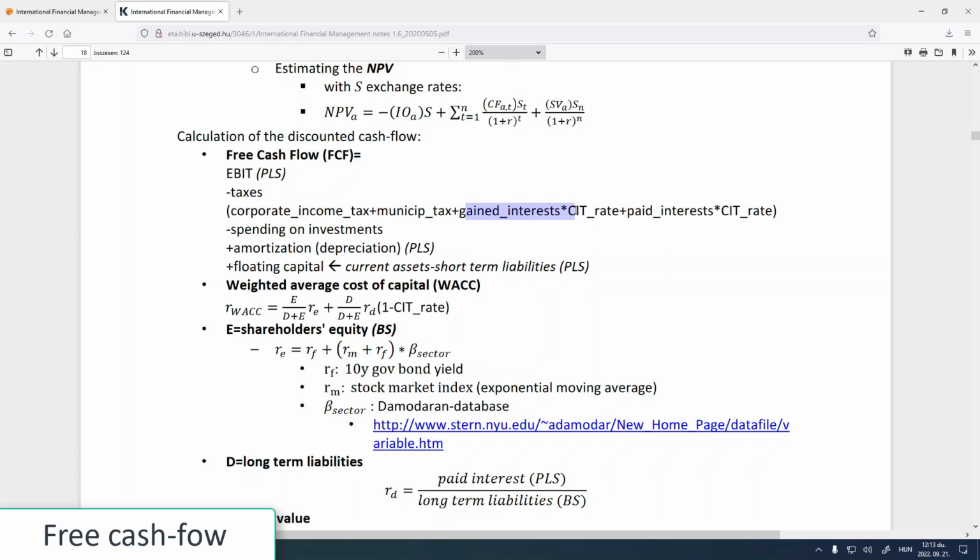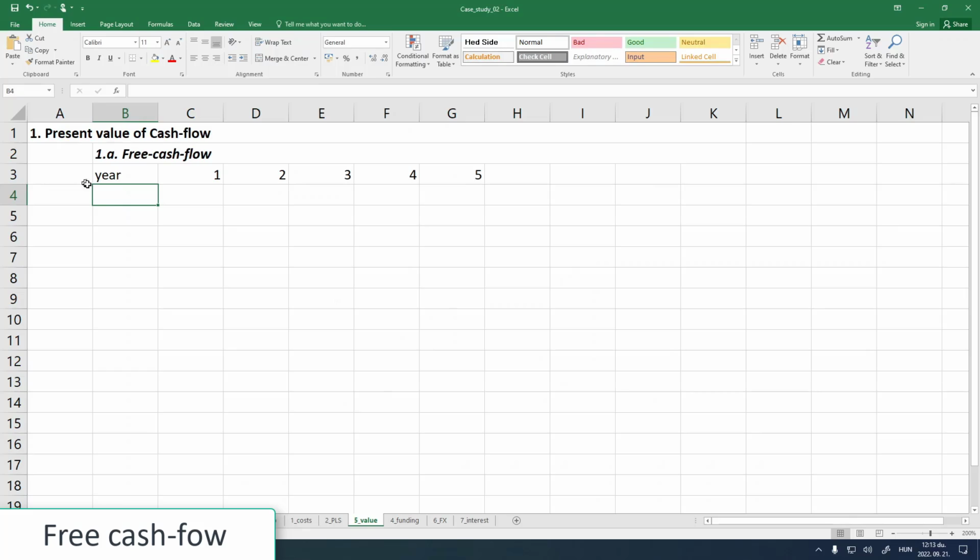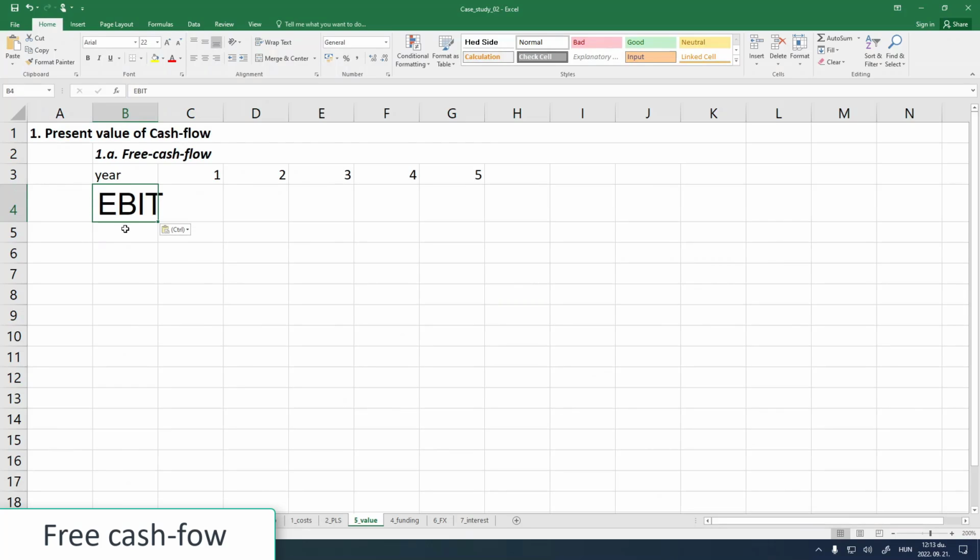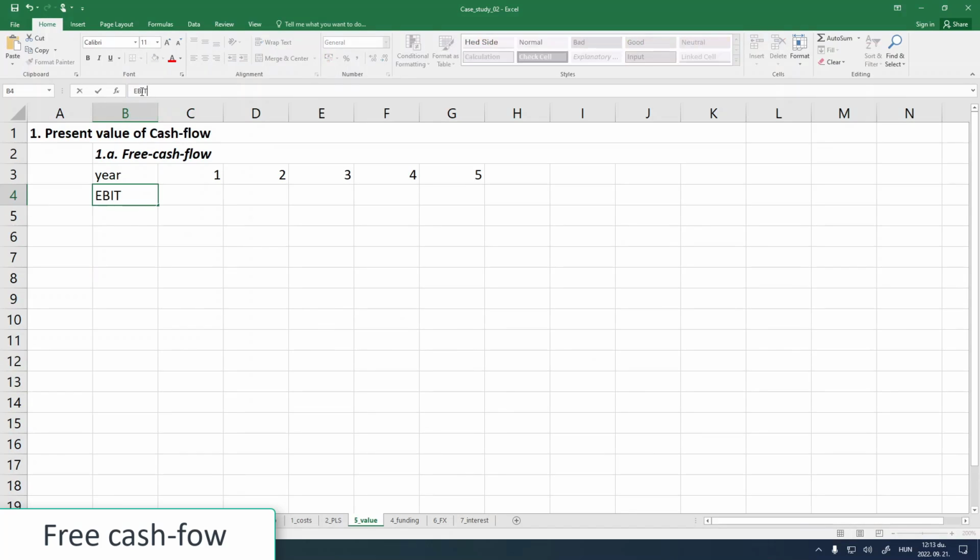And gain interest and paid interest have to be added as well. So let's call these things, okay, maybe this way. Bold is nice because it shows us that it's important.